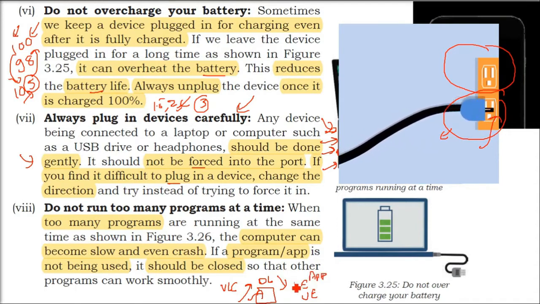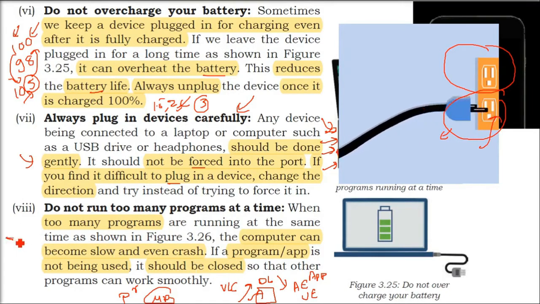So we think, oh, we are so great, we are doing multitasking, but that is not advisable. Do what you can do at one time, because all these applications are using resources of your computer: power, microprocessor, RAM. There will be overheating, the computer will become slow, and it will crash.